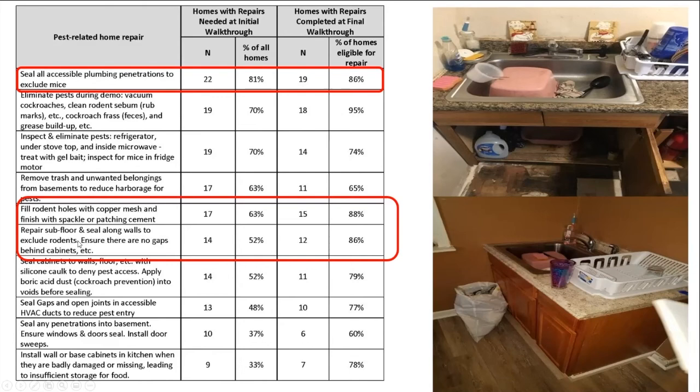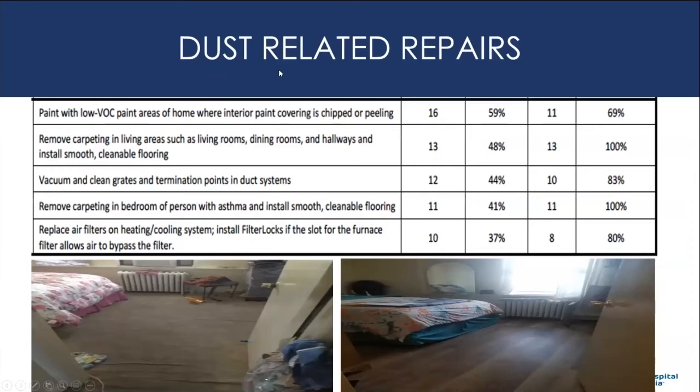We repaired subfloor and ceiling along walls, and you can see 63% at baseline needed that, 52%, and then we repaired most of those. If you look at dust-related repairs, the major ones were removing carpeting, and you can see a picture here of before and after, and we installed vinyl wood planks.